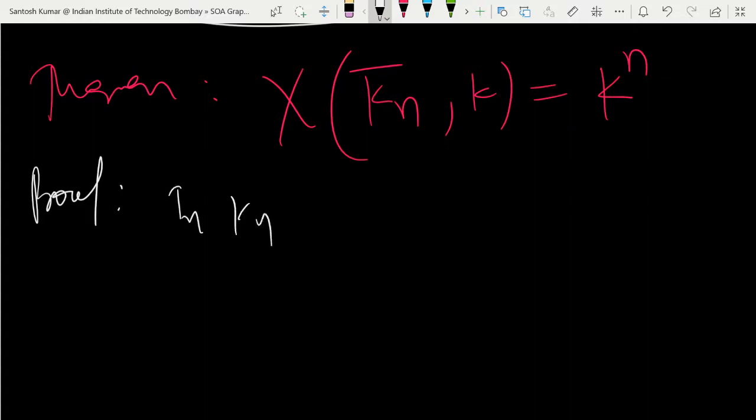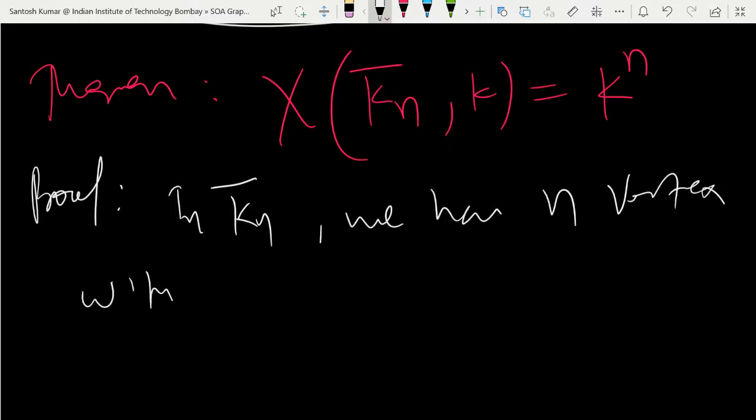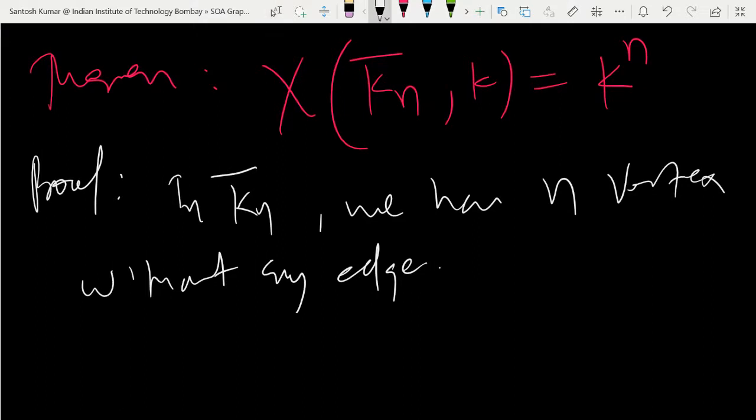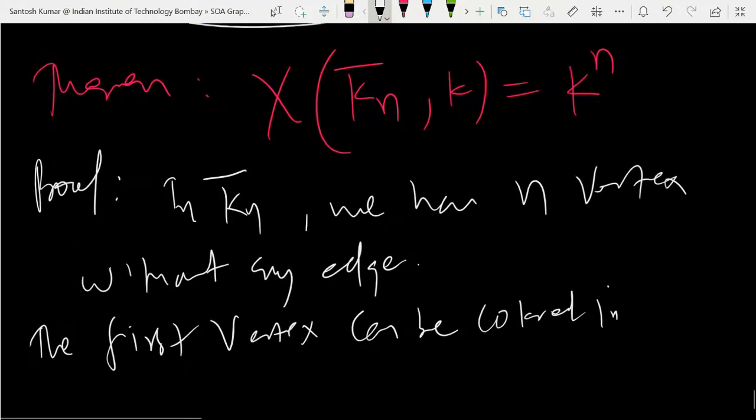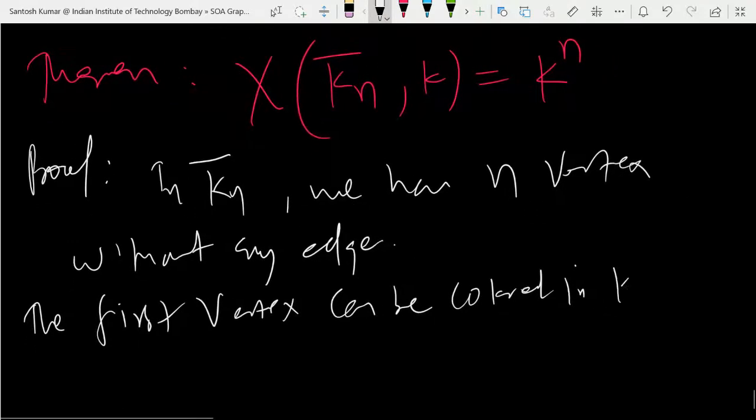So in Kn complement we have n vertices without any edge. The first vertex can be colored in, so you have total k available colors, so k ways.